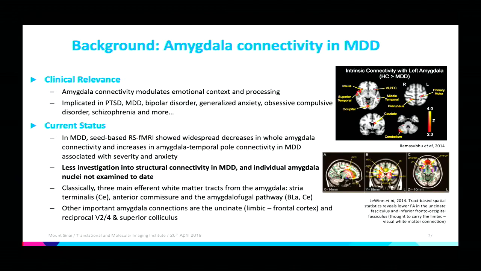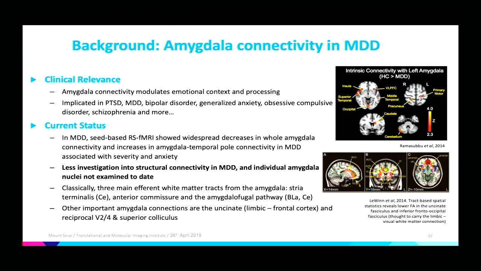So classically, the 3 main white matter efferents from the amygdala are the stria terminalis, which is thought to originate in the central nucleus, the anterior commissure, and the amygdalofugal pathway, which runs through the basal, lateral, and central nuclei. The anterior commissure couples the amygdala hemispherically, and it's really involved in emotion, olfaction, instinctual behavior, and memory consolidation.